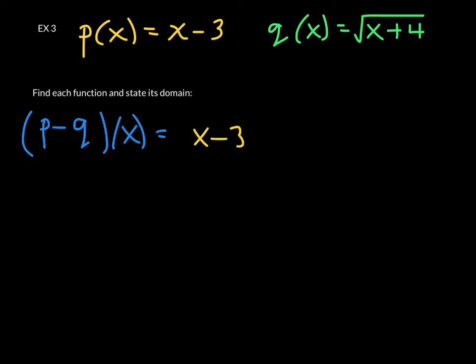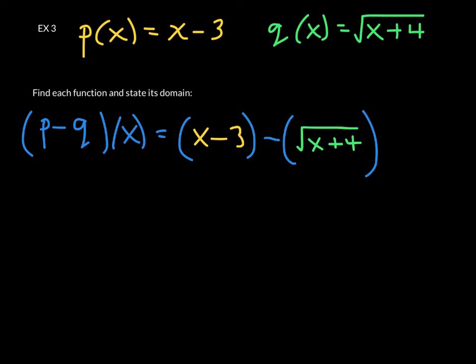To be really clear, I'm going to use parentheses here. I might have failed to use parentheses earlier, but it's always safer to use parentheses. So there's p. I am going to subtract from it function q, which is the square root of x plus 4. So that's what p minus q at x looks like.